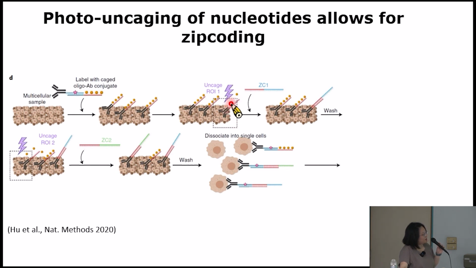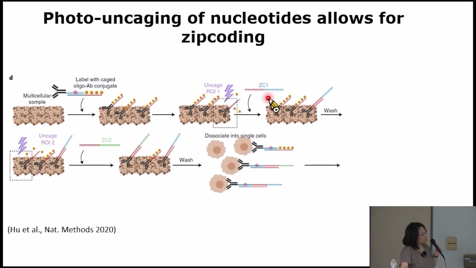Now the bulky adduct would be released, allowing the single-strand DNA to hybridize with a second molecule that you add in the reaction. The second molecule not only has a red part that can hybridize with the first molecule, but it also has a sequence that can later be read in a sequencer, which is what the authors call the zip code.